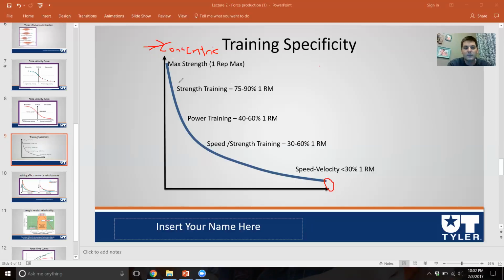And the kind of opposite end of that. So if we look at strength training, right? If we're working with relatively heavy weights, the velocity at which we can move these weights is going to be relatively low. Right? So here's our force here, velocity here, right? So our velocity is going to be relatively low.